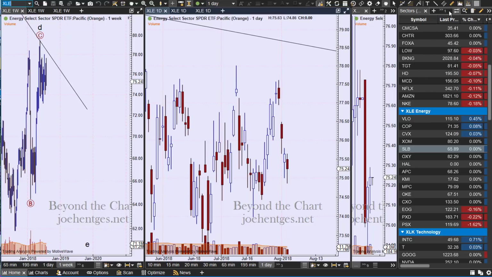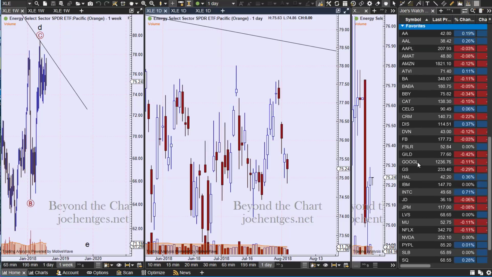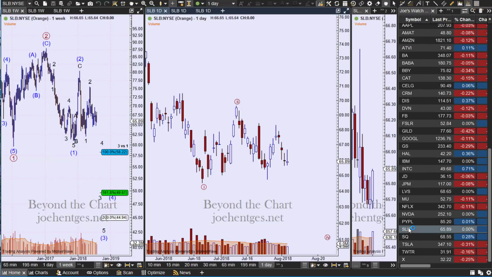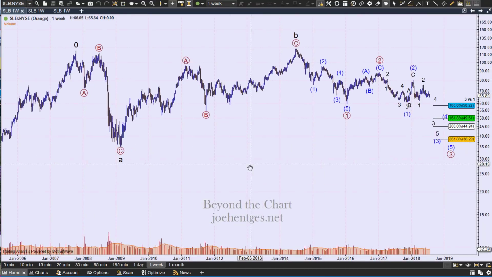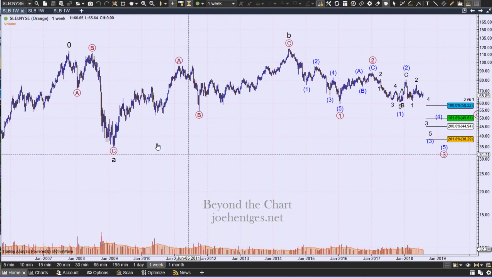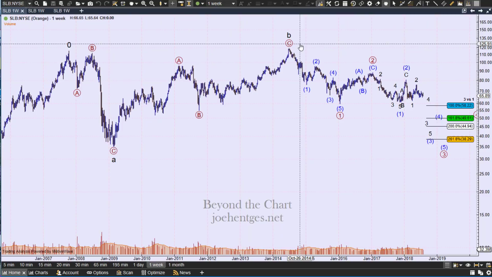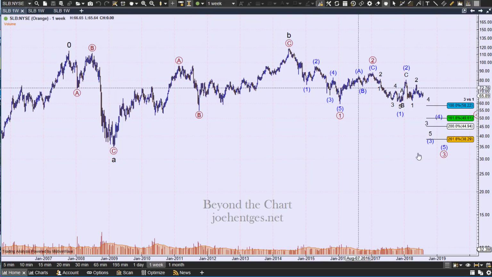Let me go ahead and talk about Schlumberger real quick, and then that'll be it for this weekend. Here's SLB. When I look at the weekly chart on Schlumberger, this is the pattern. It's somewhat similar to what we just looked at, although it's not the same.